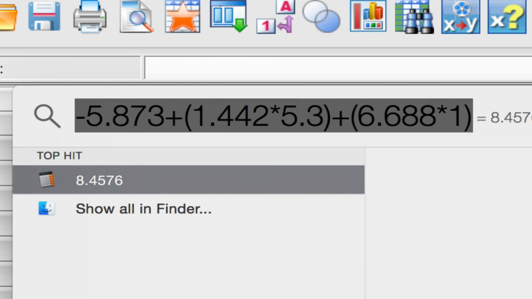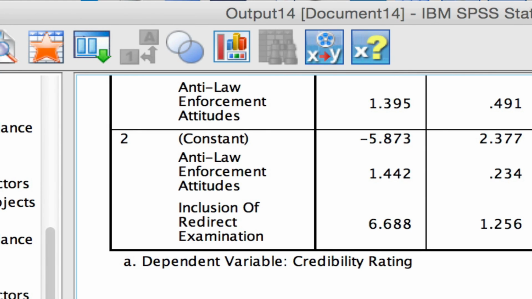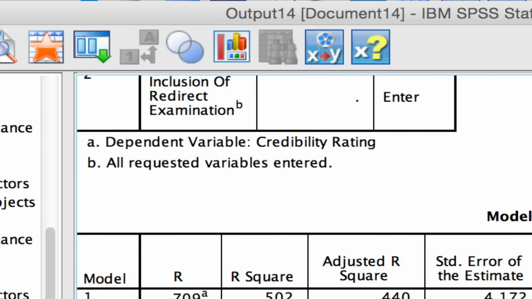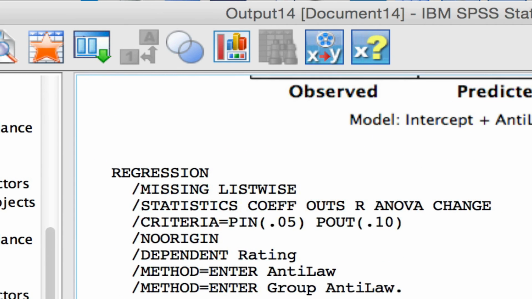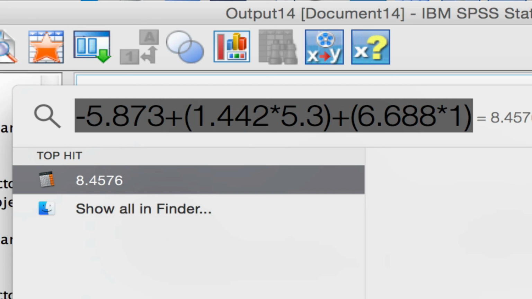We get 8.4576, and if we go back to our output here, we see that our adjusted mean for our first group is indeed 8.456, which is the same as we got here.